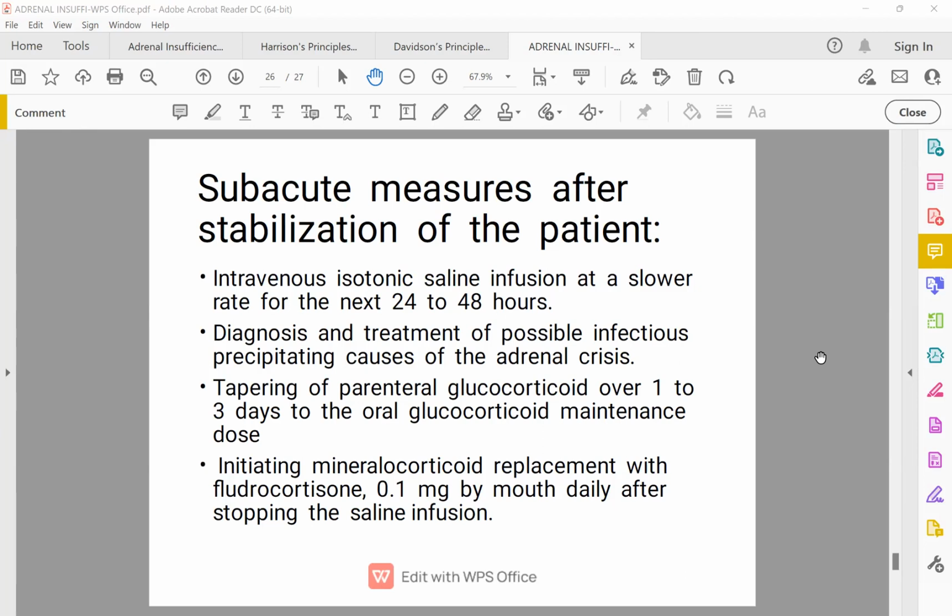Last, we initiate mineralocorticoid replacement with fludrocortisone, 0.1 mg orally, after stopping the saline infusion. The point here is, whenever there is an adrenal crisis, your job is not to treat the mineralocorticoid. Treat with saline, correct the dehydration, maintain normonatremia, and don't give the mineralocorticoid to start with. Once the glucocorticoid is tapered and treatment is stabilized, then you can supplement the mineralocorticoid. That is the point here.